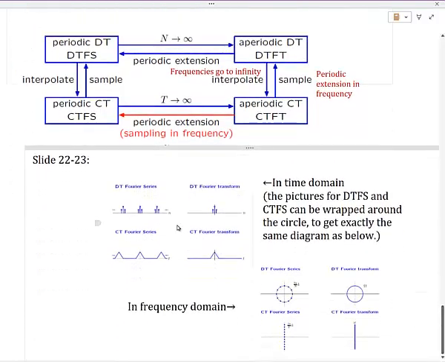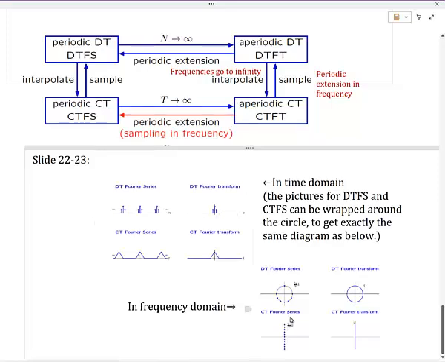In slides 22 and 23, he shows the type of signal in time space and the corresponding signal in the frequency space. Now here it looks different because he's wrapping this around a circle. But wrapping around a circle, as I indicated in one of the earlier videos, just indicates that this is a periodic function, just like this one here, or just like this one here. And this one here is discrete with infinite extent.